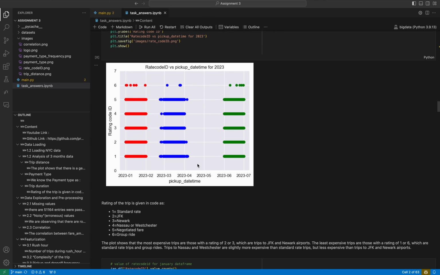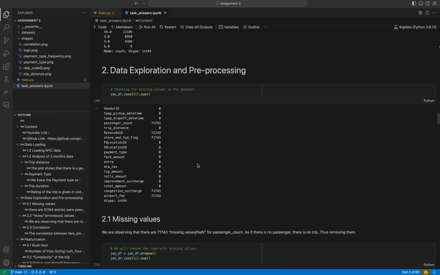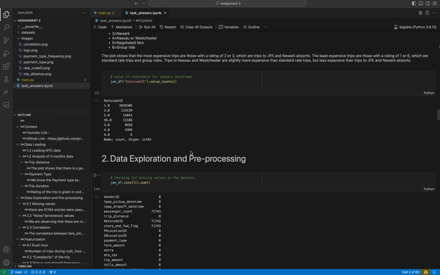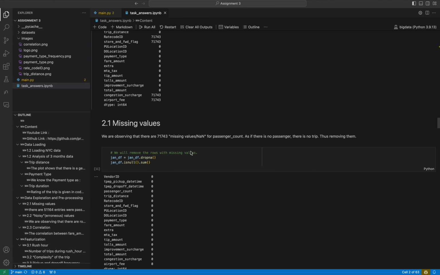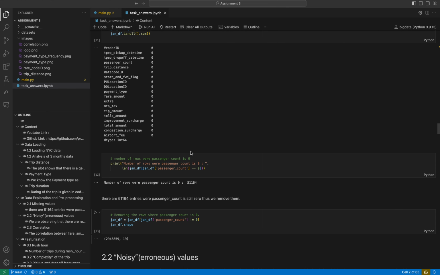Going further down to my second task, which was exploring the data, I saw that there were about 71,000 null or none values, out of a total of about 30,000.